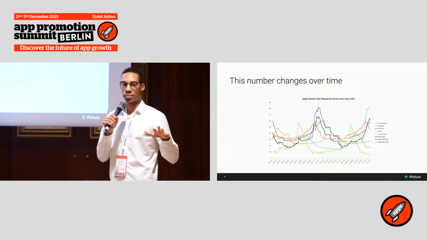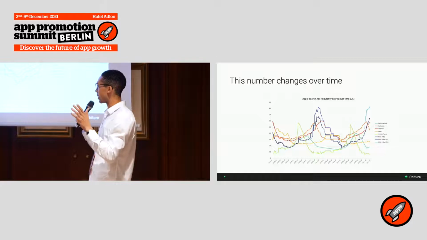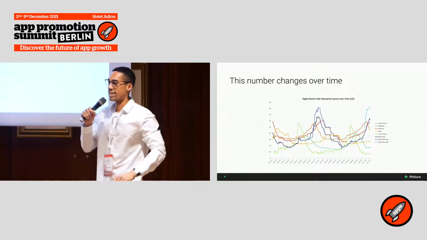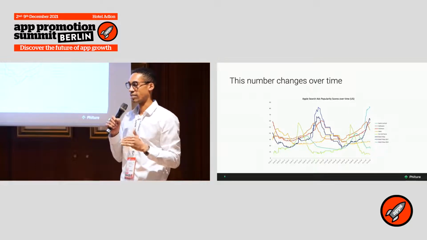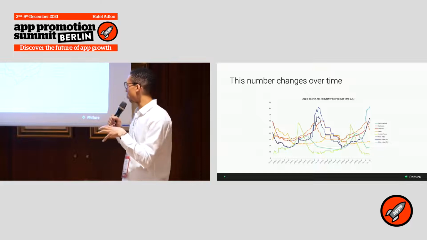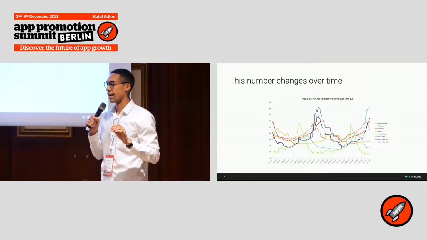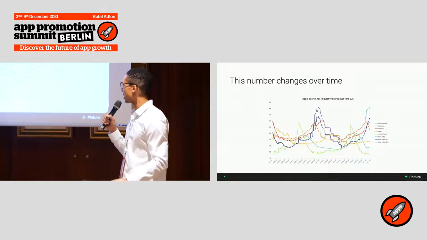It goes from somewhere between 20 and 30 all the way up to 80. And remember that this is an exponentially increasing curve, so getting up to 80 to 90 is a very, very high number of searches, and going down to 20 is a very low number. So just one thing to note here is that search popularity score is not static, so keep that in mind and redo your analyses based on the latest data.